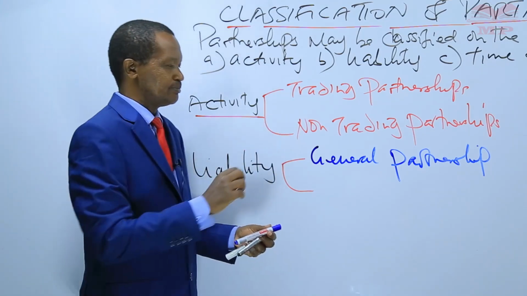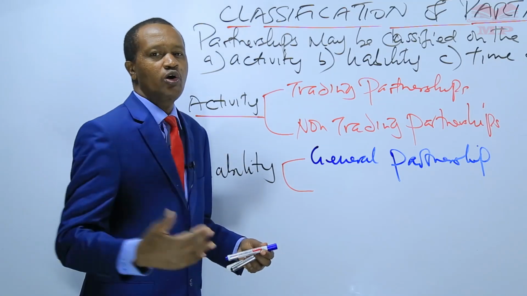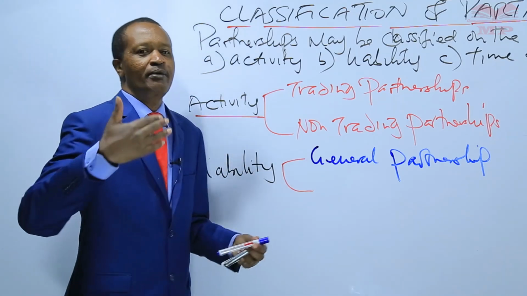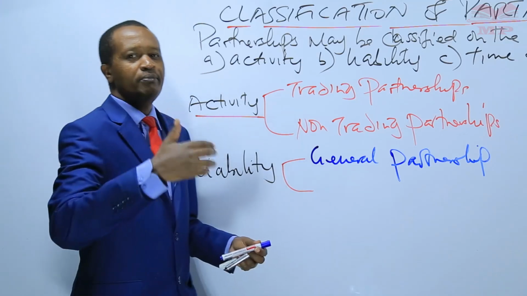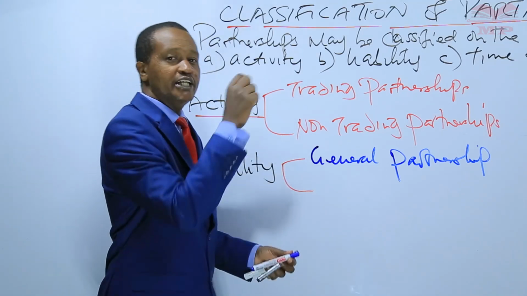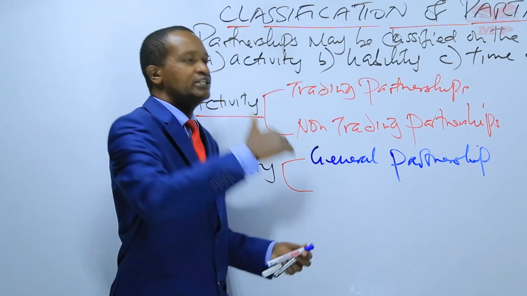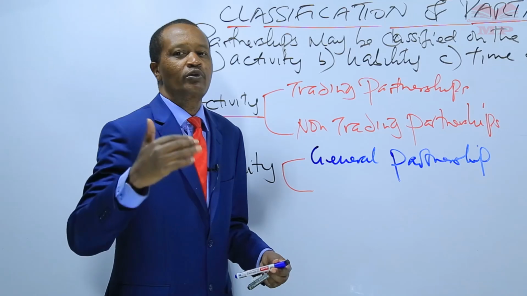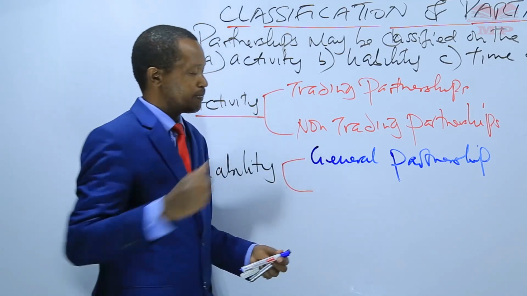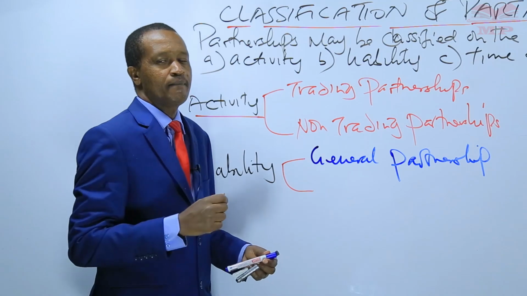A general partnership is a partnership in which all the partners may publicly act on behalf of the business, and each partner may individually be held responsible for the debts of the firm. Is that clear?